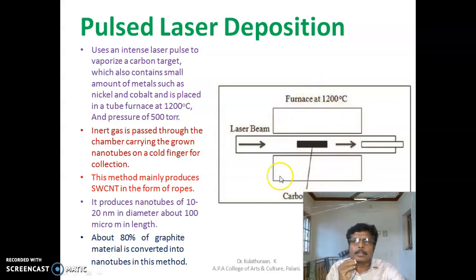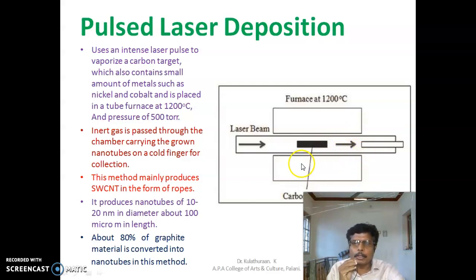It uses an intense laser pulse to vaporize the carbon target, which also contains a small amount of metals such as nickel and cobalt, and is placed in a tube furnace at 1200 degrees and a pressure of 500 torr. Here an inert gas is passed through the chamber, carrying the nanotubes to a cold finger for collection. This method mainly produces single-walled carbon nanotubes in the form of ropes.